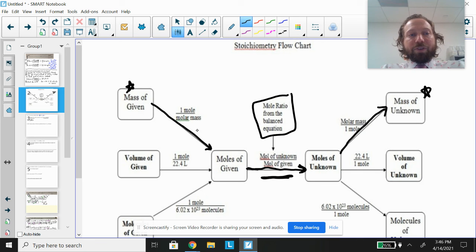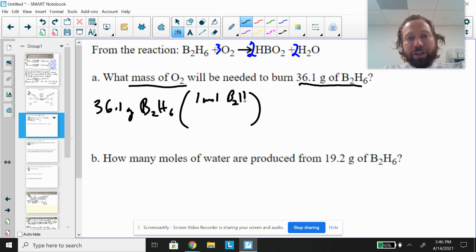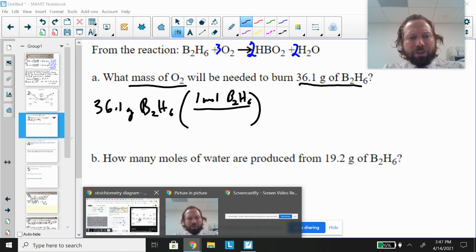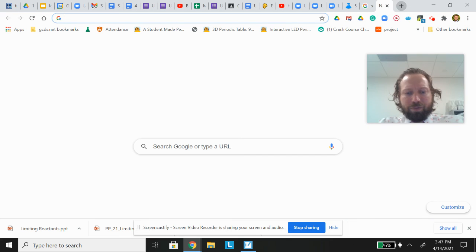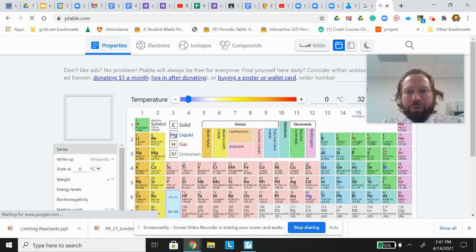The first step is going from mass to moles, so I'm going to divide by my molar mass. So for every 1 mole of B2H6, I'm going to have a certain number of grams. Now, I want to show you how we do this. We go to the periodic table. We look for boron.